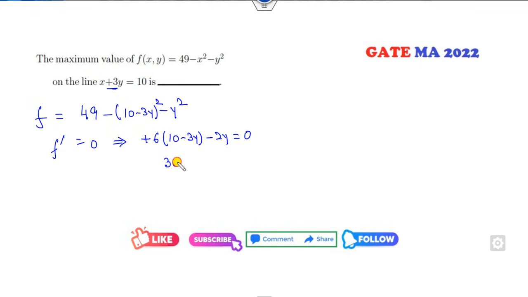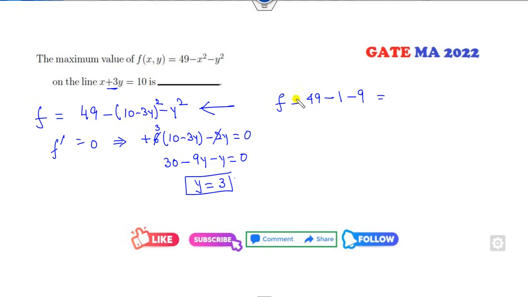So I can divide it by 2 firstly. So 30 minus 9y minus y is equal to 0. So y will be 3. So I can substitute here. What is my f? 49/9 ... so it's 10/3, the right answer.